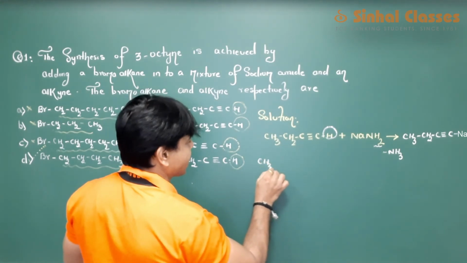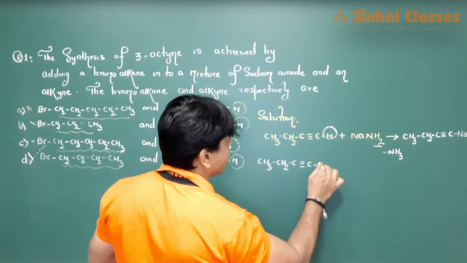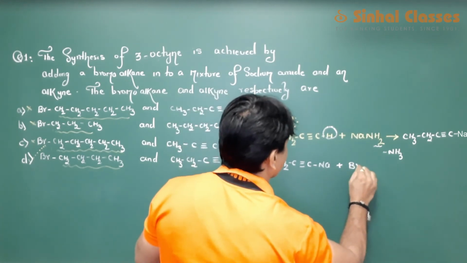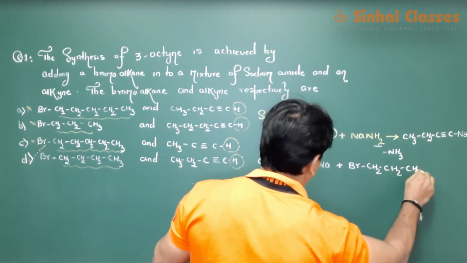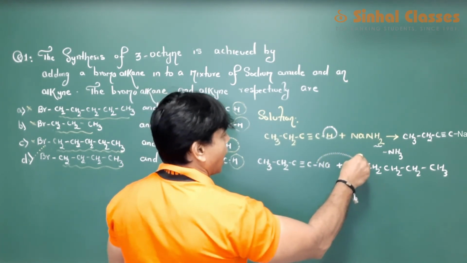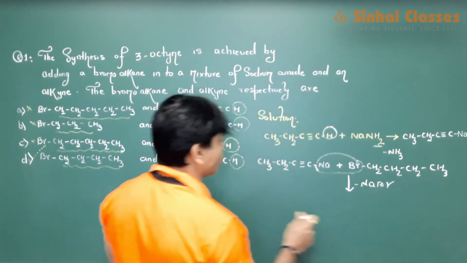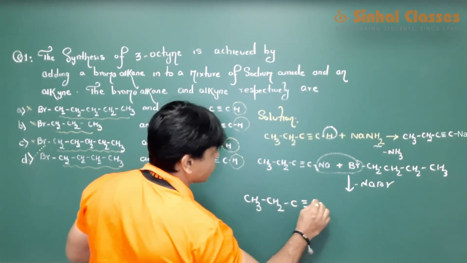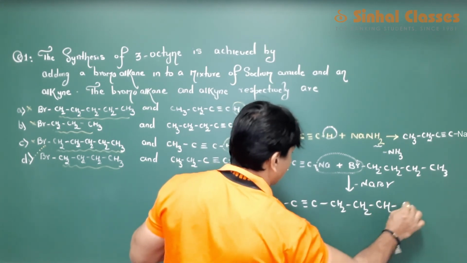Now the next step: CH3, CH2, C triple bond C, Na, treated with Br, CH2, CH2, CH2, CH3. In this case, NaBr goes out, and what you get here is CH3, CH2, C triple bond C, CH2, CH2, CH2, CH3.